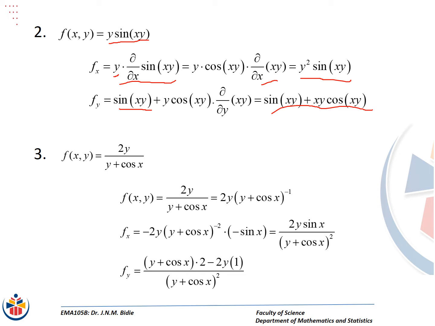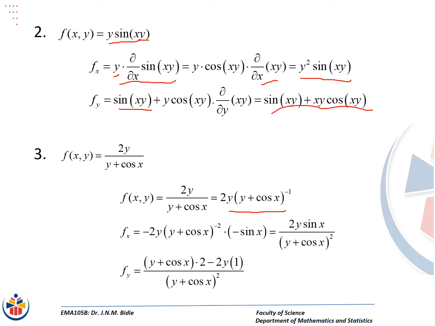Then we go to number 3. Here we are given a quotient, 2y divided by y plus cos x. So when we simplify it, especially for the differentiation with respect to x, it works better to have that denominator taken up because x is in the denominator.